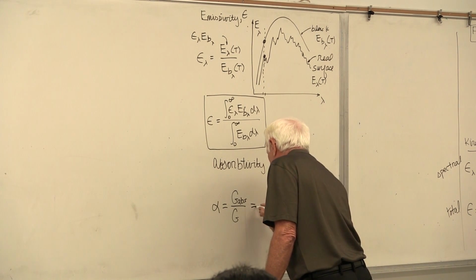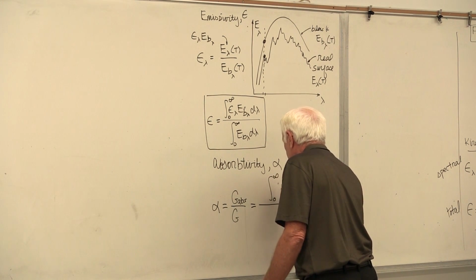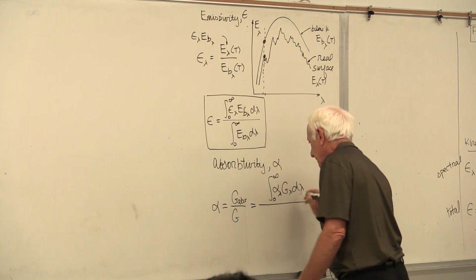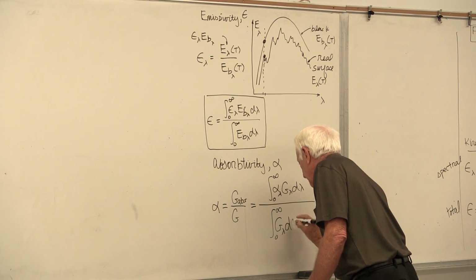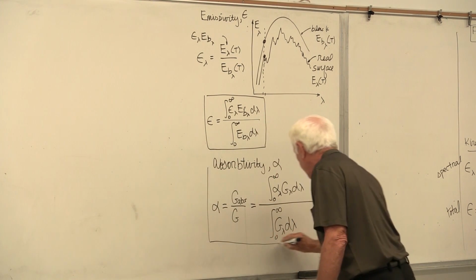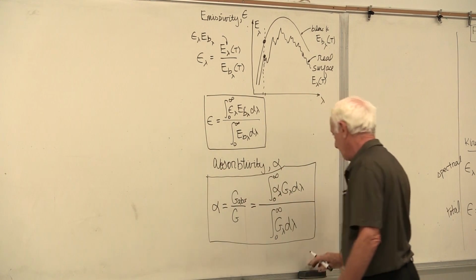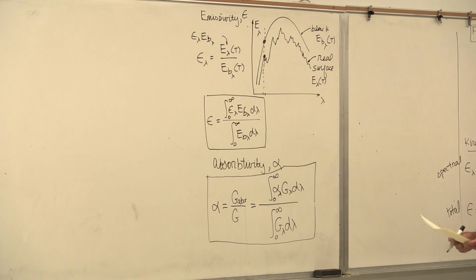So we define it as the integral from 0 to infinity of alpha lambda, G lambda, d lambda, divided by the integral from 0 to infinity of all the incoming radiation, G lambda, d lambda. Okay, that takes care of alpha.